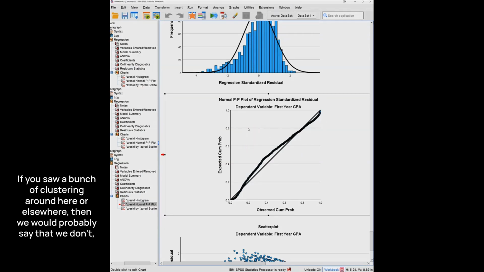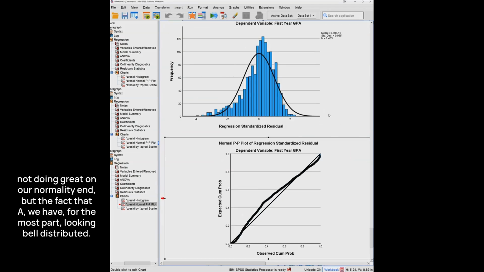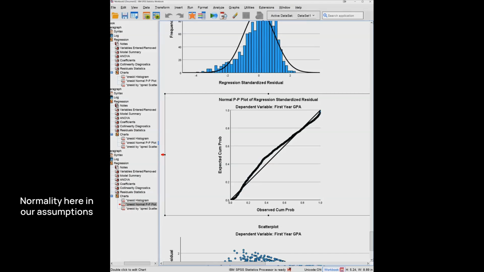If you saw a bunch of clustering around here or elsewhere, then we would probably say that we're not doing great on our normality end. But the fact that it's, for the most part, looking bell distributed, looking like it's fitting along the line, and also having a robust sample size, means we feel good about normality here in our assumptions.